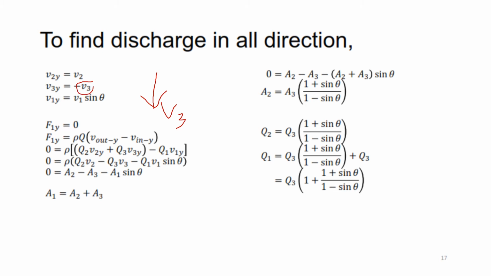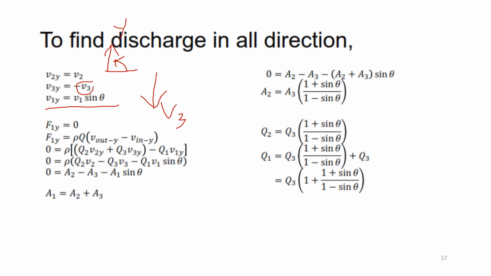For V1y, just now we consider it as the y direction. So V1 is like this. So we resolve to the y direction, here the y direction. So it is sin. When it is the x direction, it is cos. So resolving to the y direction, it is V1 sin angle. Okay, so we consider V1y equals 0.